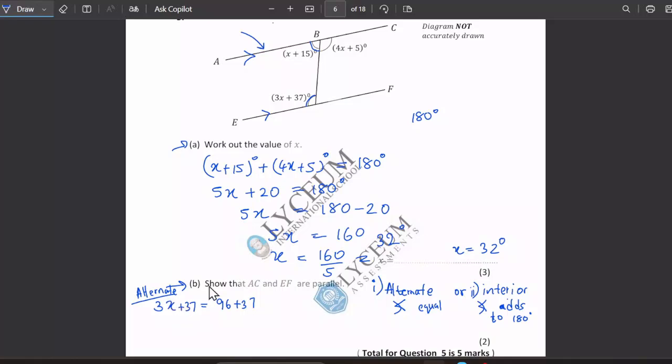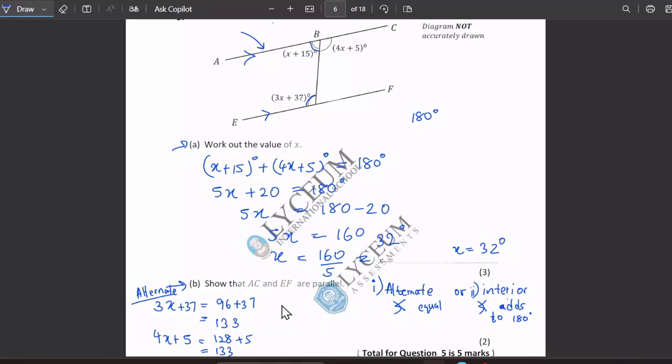I substituted the x value here. It gives us 133. So then we can find 4x plus 5. It gives us 128 plus 5. That also gives 133.